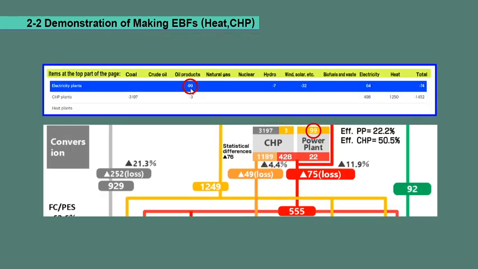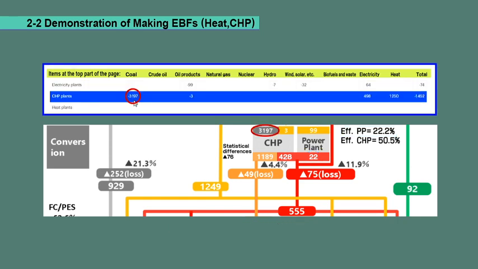Next, for electricity plants, oil products input is 99. Enter this. Against this input of oil products, the output is 22, so the efficiency is 22.2%.